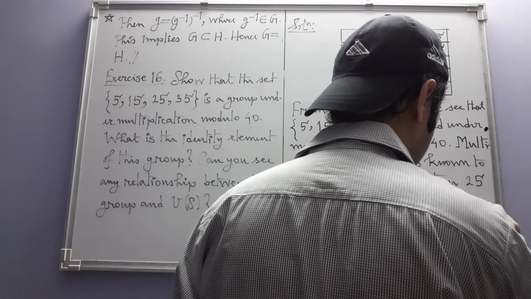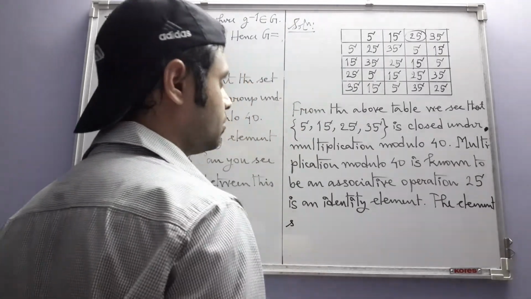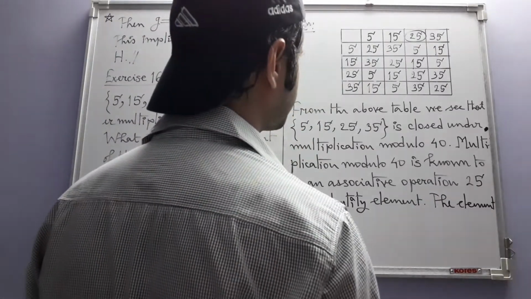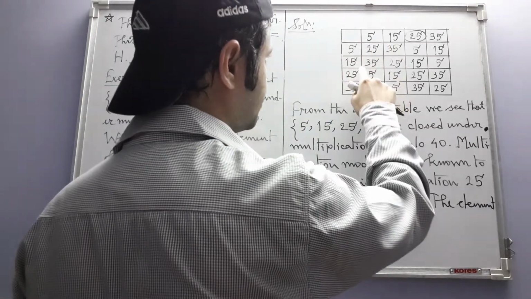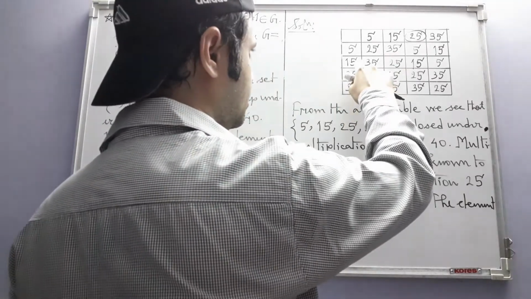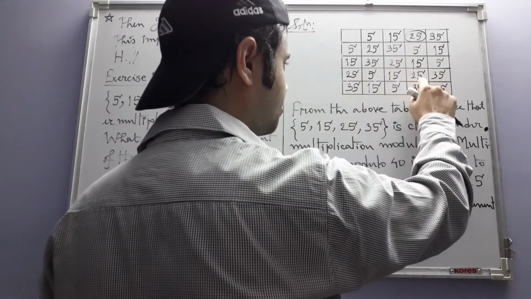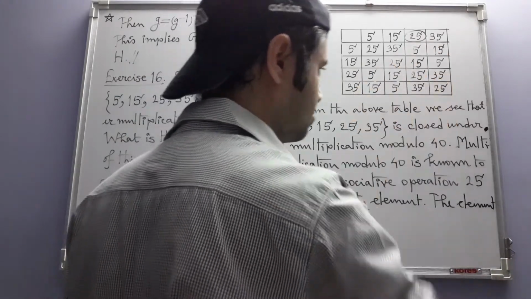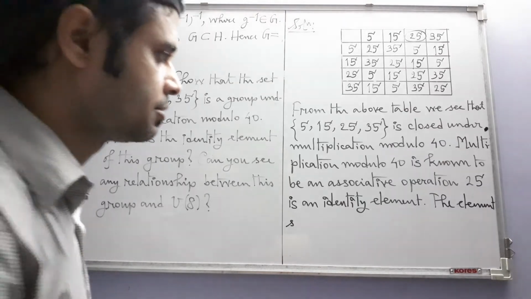Okay, for 5, inverse is 5, because 5 times 5 is 25, which is the identity. 15 times 15 is 25, 25 times 25 of course is 25, and 35 times 35 is 25. So every element is its own inverse.